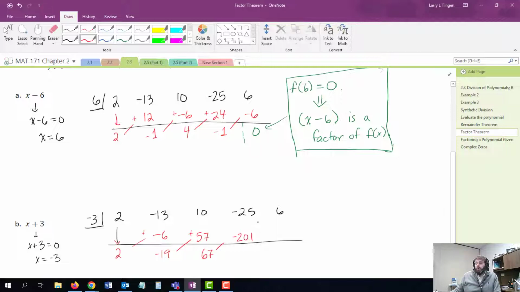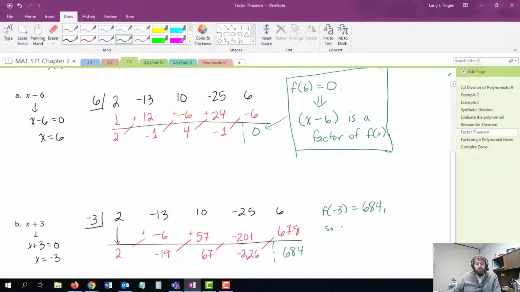If you think this is going off the rails, or you think, oh, these numbers are getting too big, you'll be surprised. This one's not going to work, because right there it goes crazy. Negative 226 times negative 3 is 678. 678 plus 6 is 684. So f at negative 3 is equal to 684.